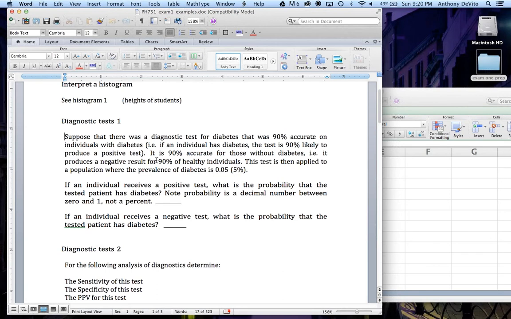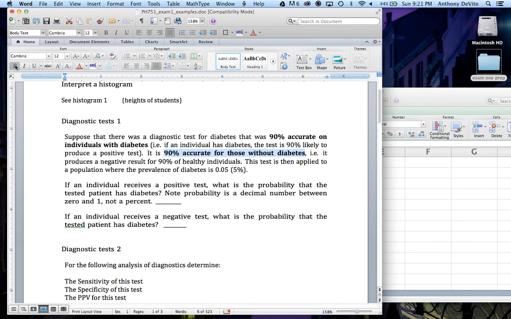Another way for us to approach this problem would be something like this word problem. Suppose there was a diagnostic test for diabetes that was 90% accurate on individuals with diabetes. That's the sensitivity. And suppose it's also 90% accurate for those without diabetes.